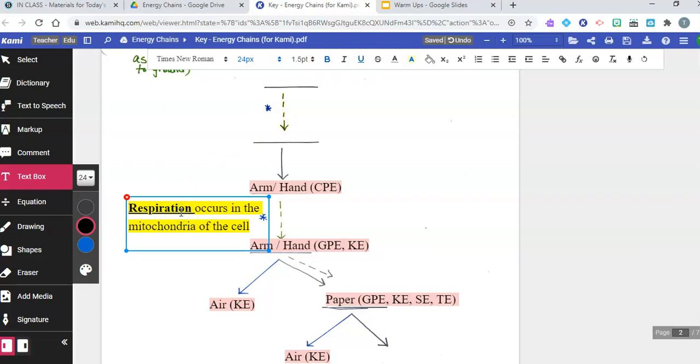The process of respiration is a chemical reaction where stored food energy, or CPE, is transformed, there is our abbreviation, a dashed arrow, into movable, usable energy. And this happens in the mitochondria of all of my arm and hand muscle cells, so that my arm and hand can rise up, swoop down, and grab the paper.